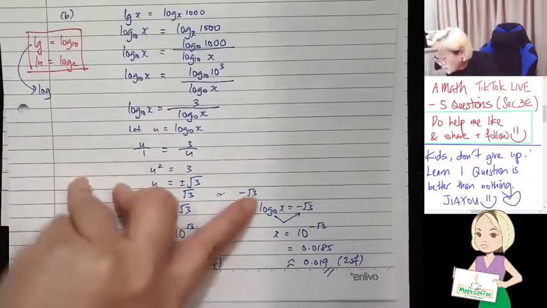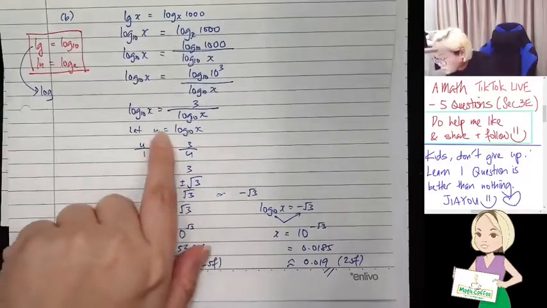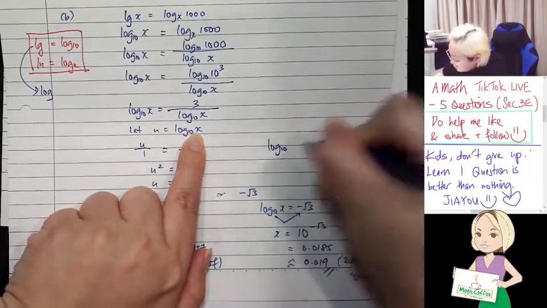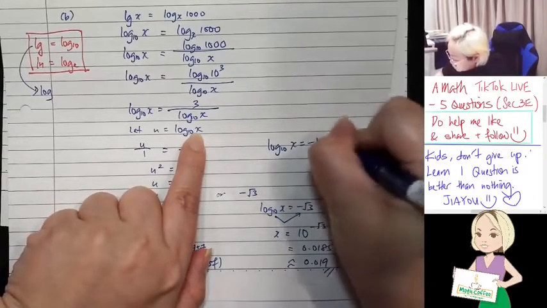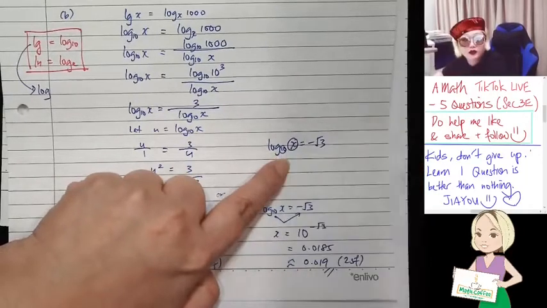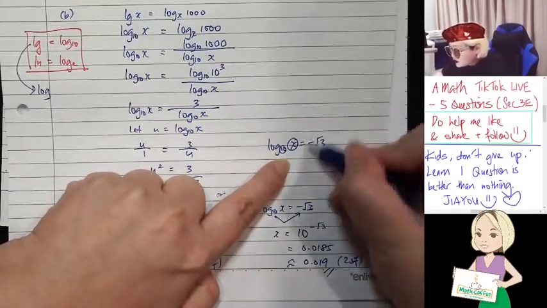My u is negative square root 3. My u is log 10x. Why is it not okay that my log 10x is equal to minus square root 3? The rule is only this one cannot be negative, this one cannot be negative. They never said this one cannot be negative.